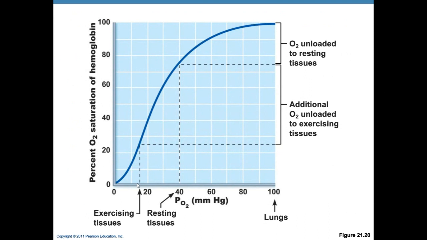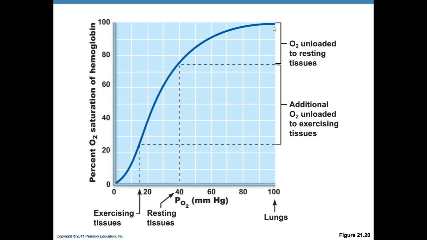If you look, we are here at 25%. So if I'm exercising, I am only loading back 25% of the oxygen that I could be to the hemoglobin, right? If I am resting, I am putting back almost 75% of the hemoglobin, right? And then in the lungs, I'm actually trying to do 100%. So I'm trying to get that 100% saturation.